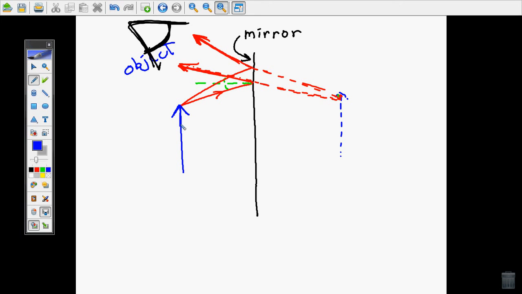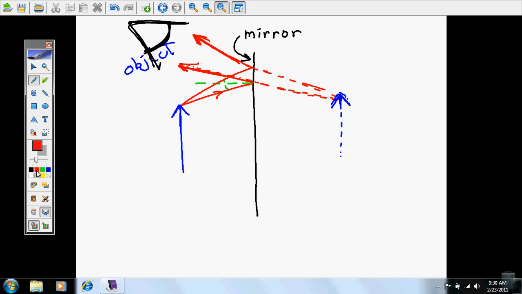But the person up here looking in the mirror would think the light came from right there.